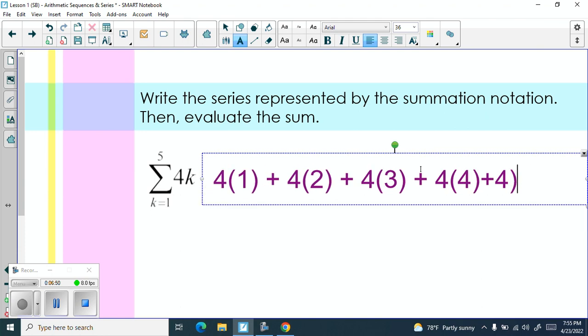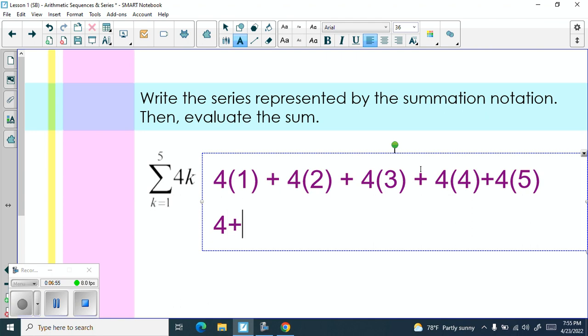Then we're going to have 4 plus 8 plus 12 plus 16 plus 20, and we're just going to add those all up. So 4 plus 8 plus 12 plus 16 plus 20 gets me a total of 60. So there's my series, and there's my answer.